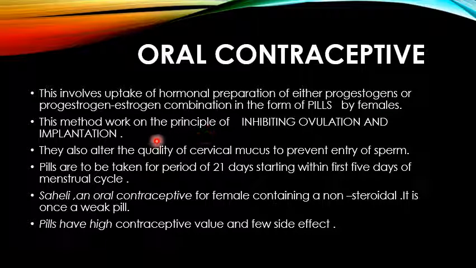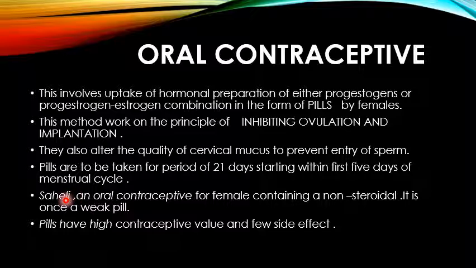This method works on the principle of inhibiting ovulation and implantation. They alter the quality of cervical mucus to prevent entry of the sperm. Pills are to be taken for the period of 21 days starting within the first 5 days of menstrual cycle.